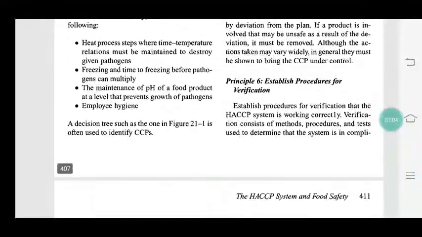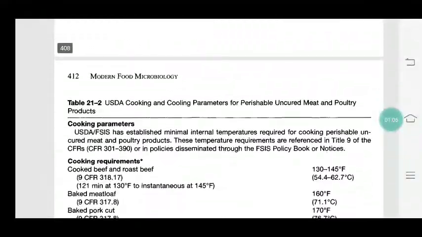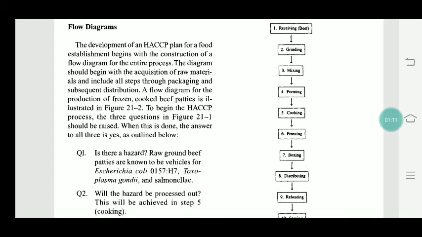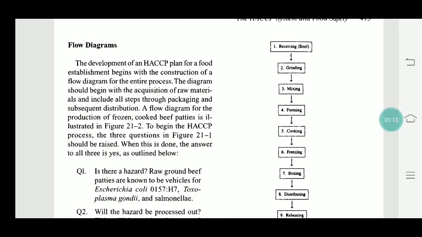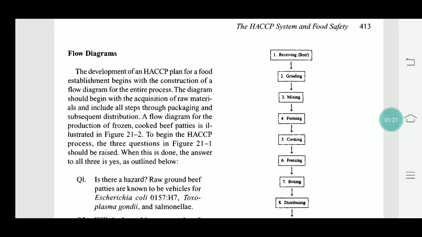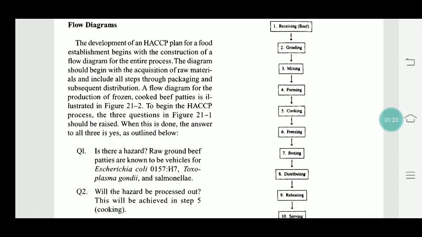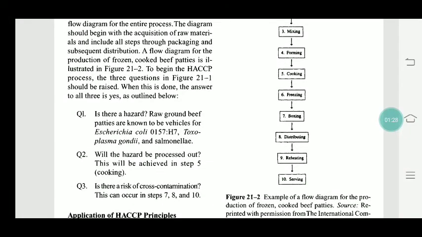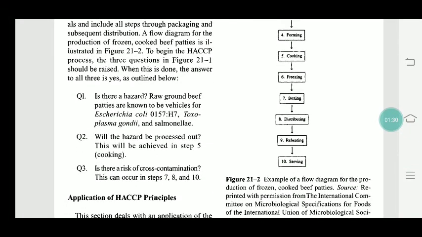So first of all we are going to learn the food diagram. So here is the food diagram. First step, receiving beef. It's like having a raw material for making food. Then second, grinding it, mixing it, forming, cooking, freezing, boxing, distribution, reheating and servicing.